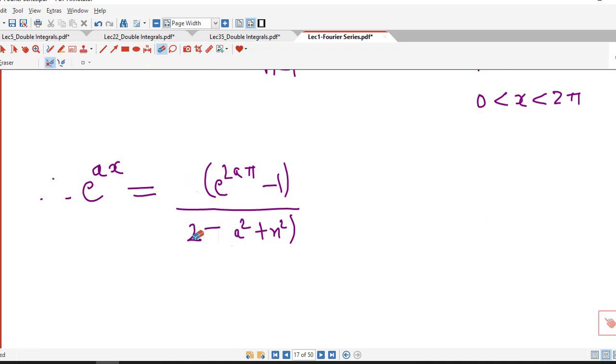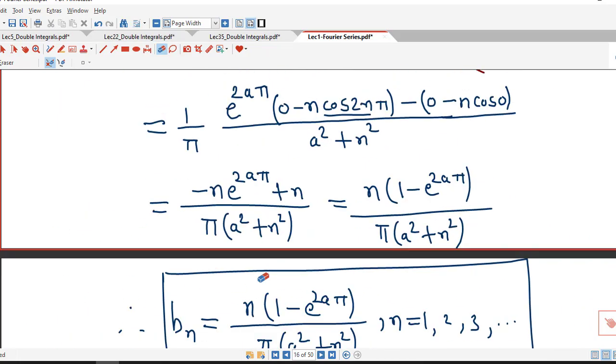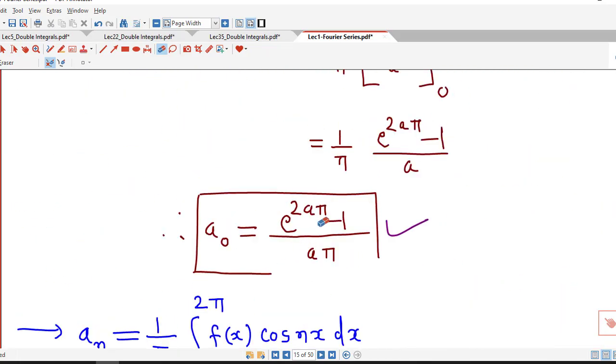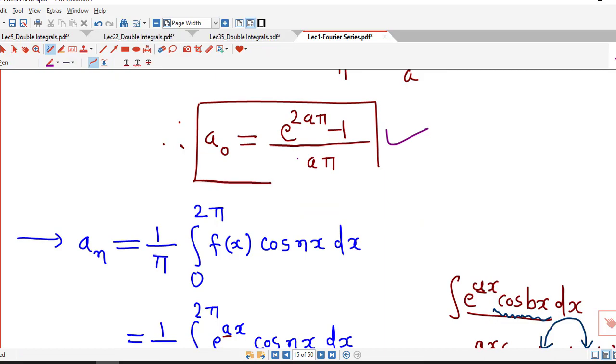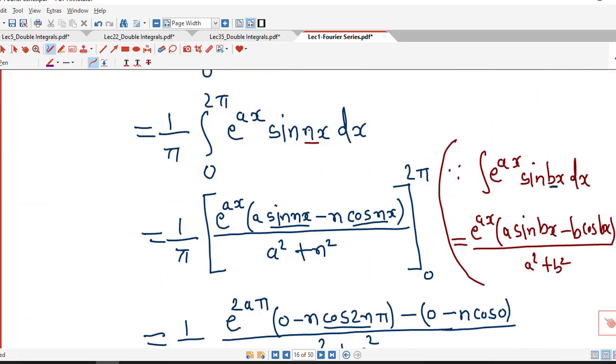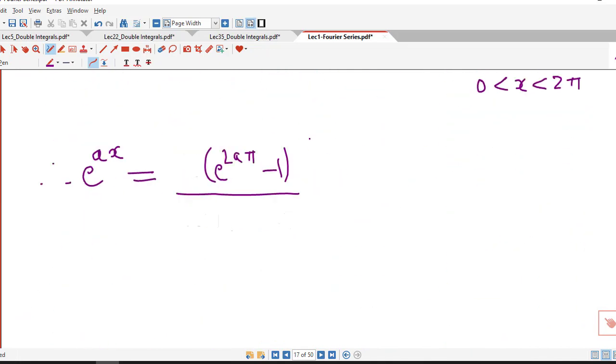Let me check again the value of a0: e raised to 2a pi minus 1 divided by a pi. Yes.